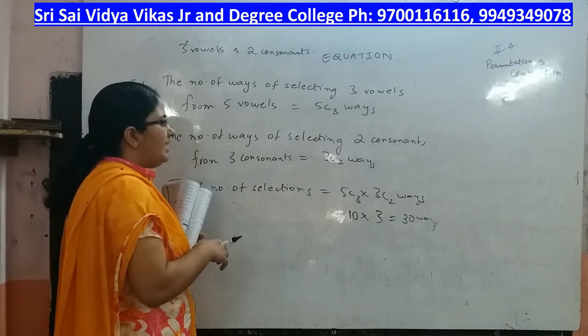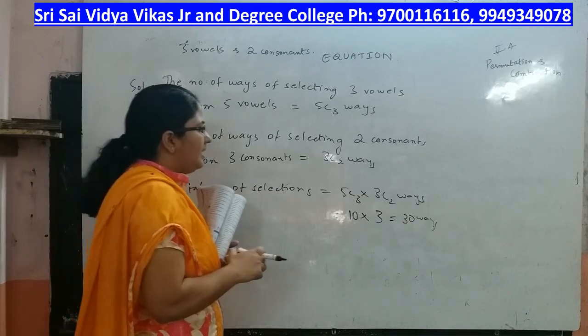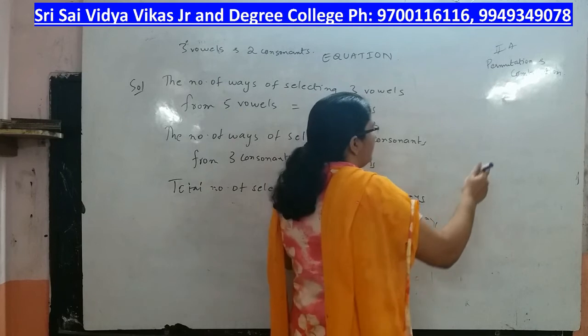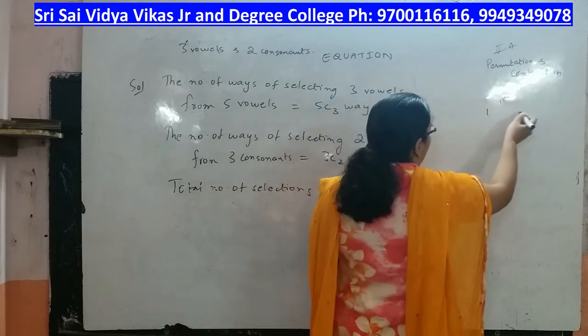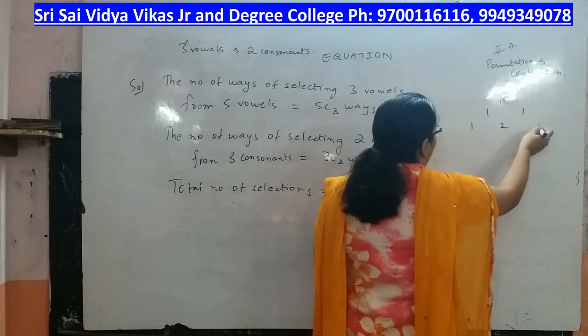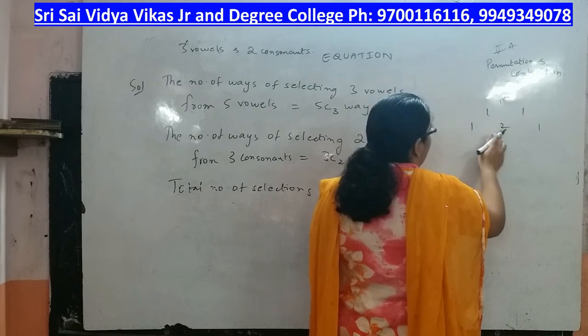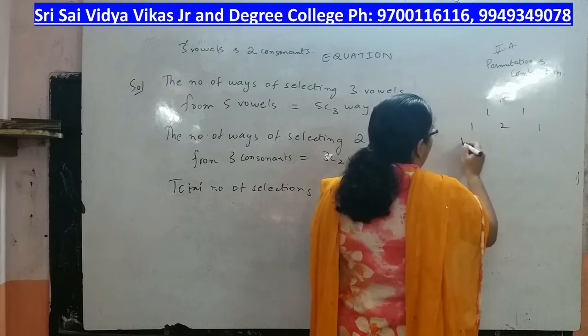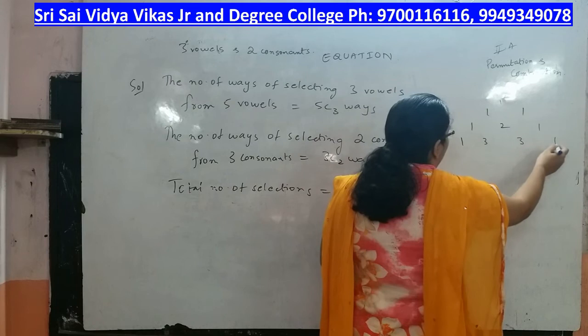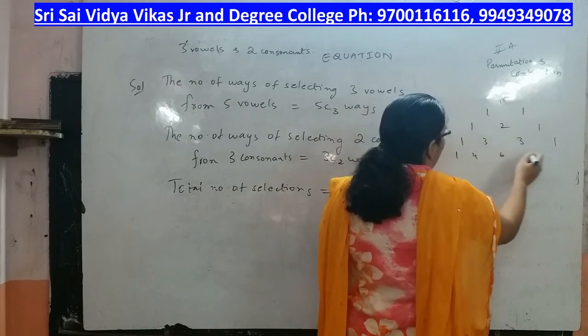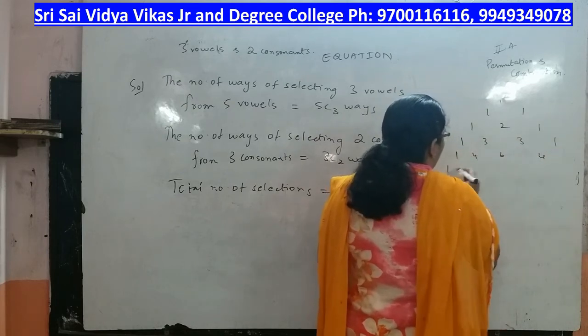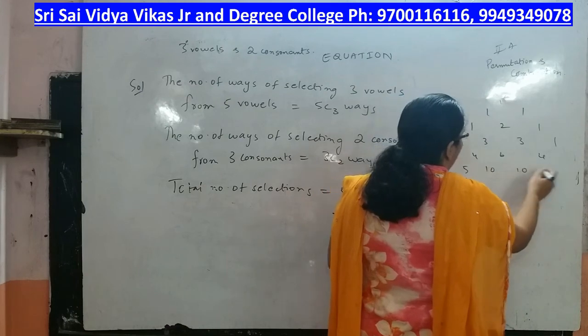One way of getting the values of nCr is this: 1; 1, 1; 1, 2, 1; 1, 3, 3, 1; 1, 4, 6, 4, 1; 1, 5, 10, 10, 5, 1.